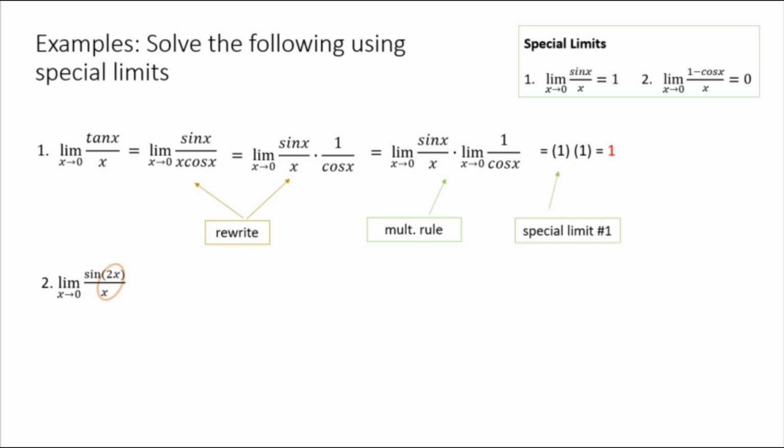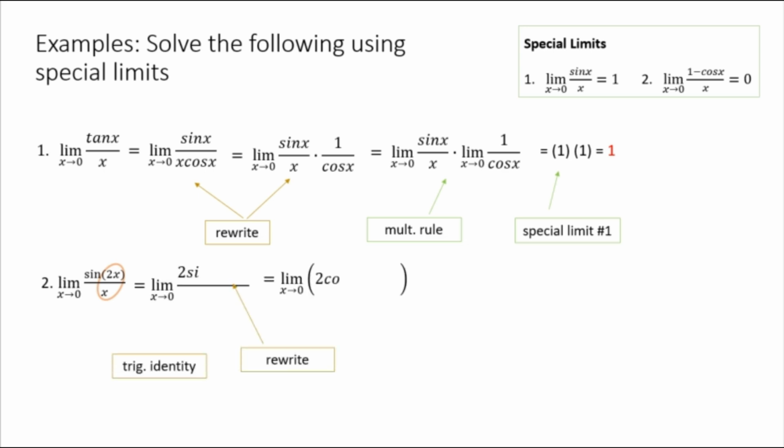Yes, we can rewrite the sine 2x using a double angle identity. So sine 2x becomes 2 sine x cosine x, and then we separate 2 and cosine here so that we can extract sine x over x.